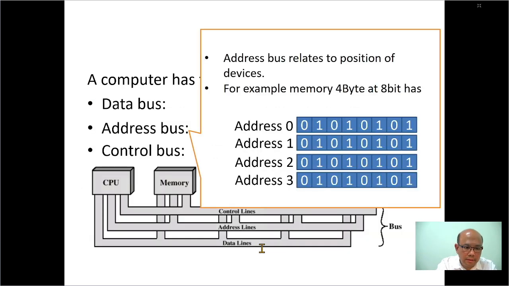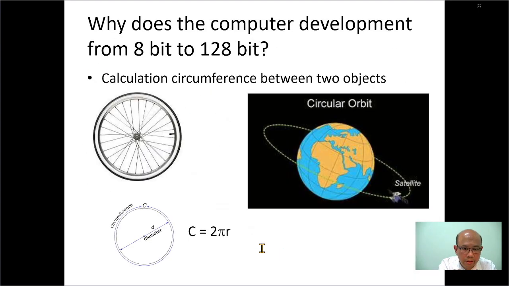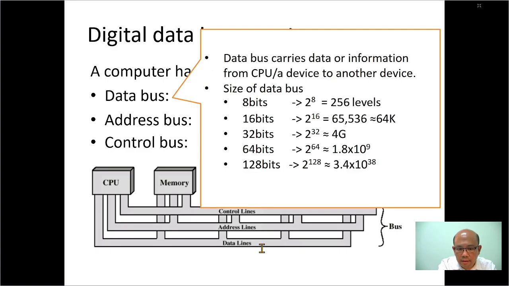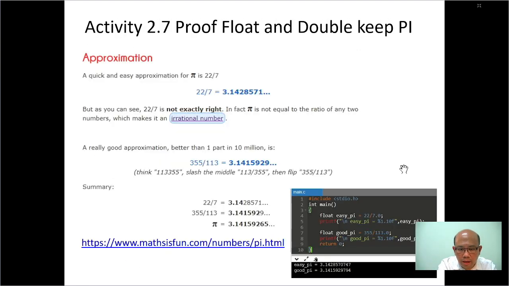The next one is the address bus. The address bus is related to the location in memory. And can you remember here? This is a Motorola. The Motorola has 16 lines in the address bus. The 16 lines in the address bus relate to about 64K levels.